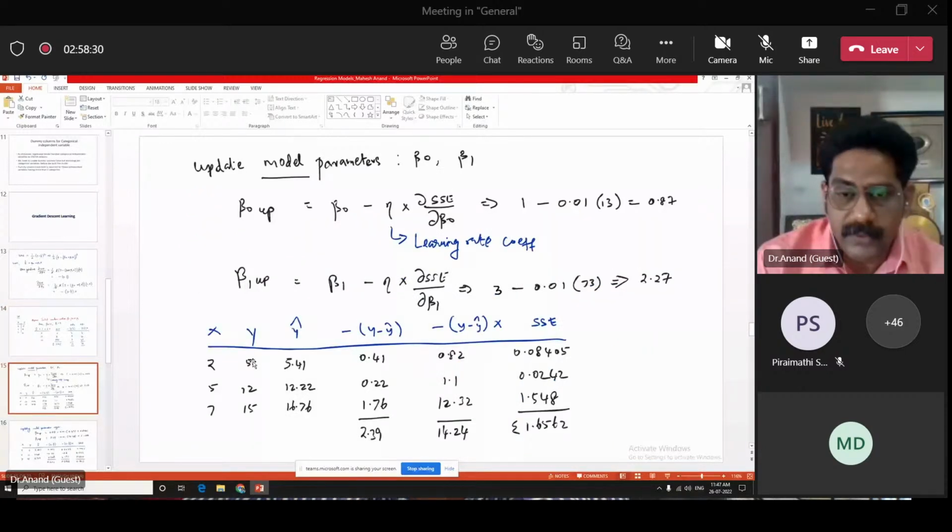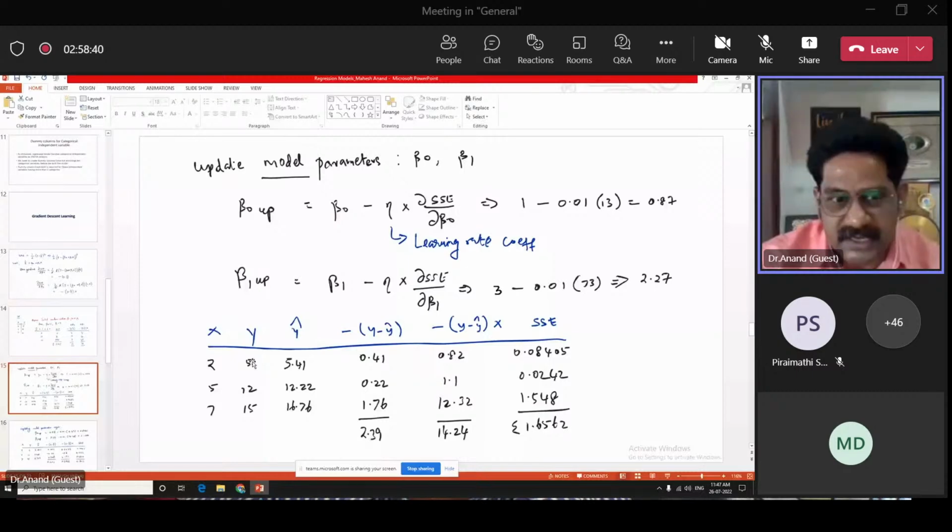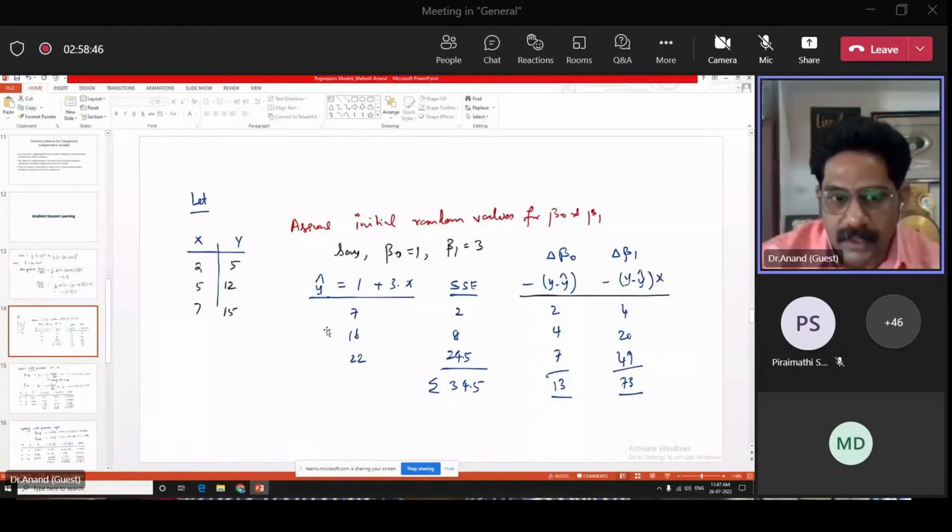Can you see, even with one adjustment, my y cap value is approaching the actual y. The actual is 12. This time the model predicts 12.22, but with the random initialization, my model predicted 16, a bit far away. Now it comes closer to the actual. Earlier for 15, the model predicted 22. This time 15 is predicted as 16.76, pretty close.